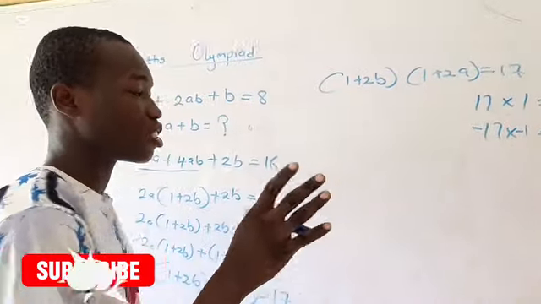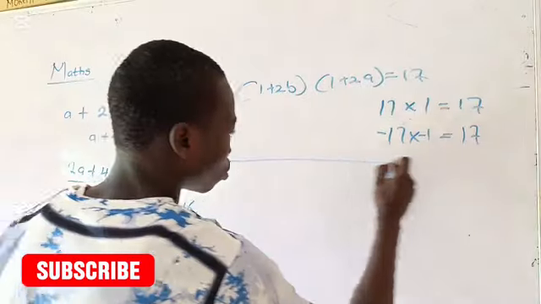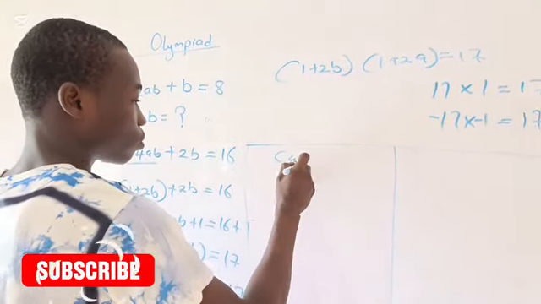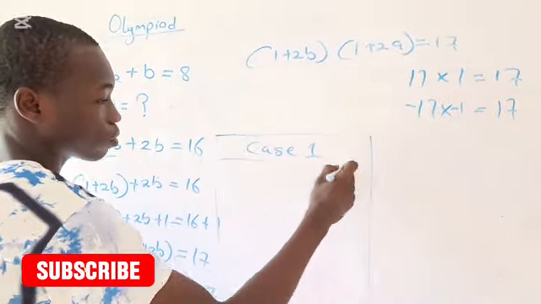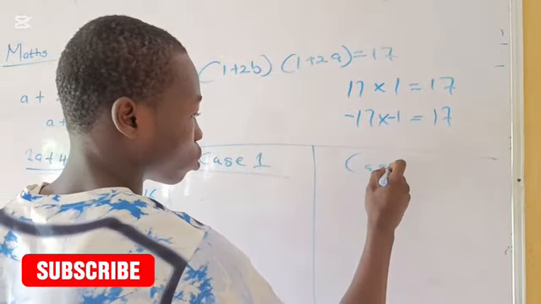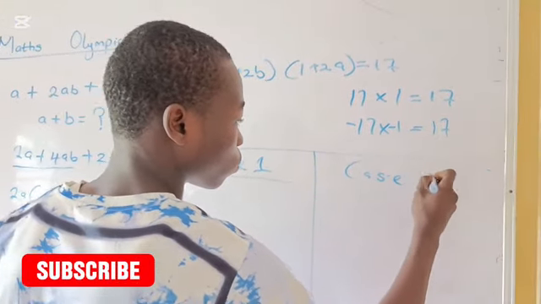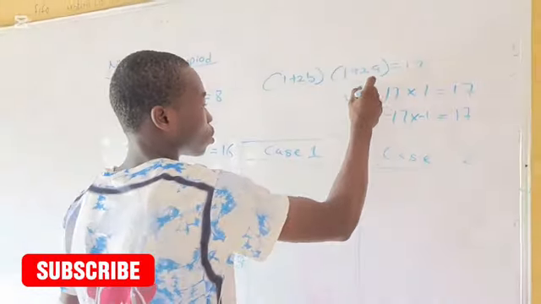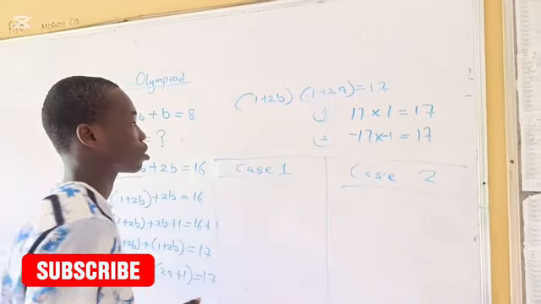So we are going to consider these two cases. Now let me divide this board by saying here case 1 and here case 2. So the case 1 will be this, while the case 2 will be this.